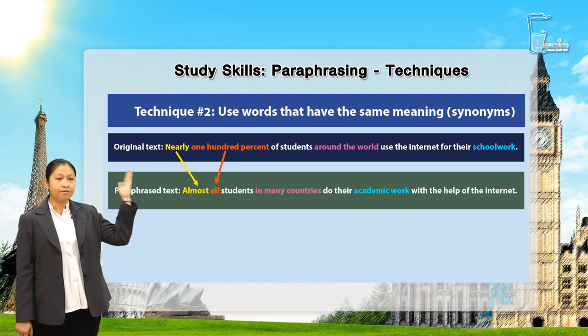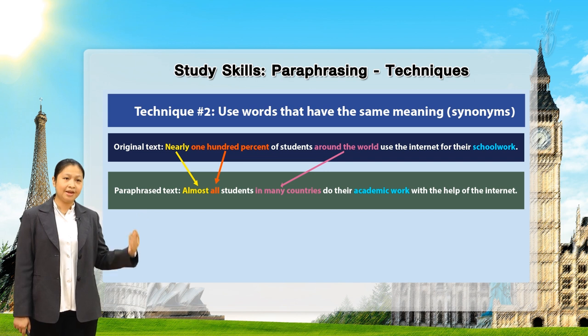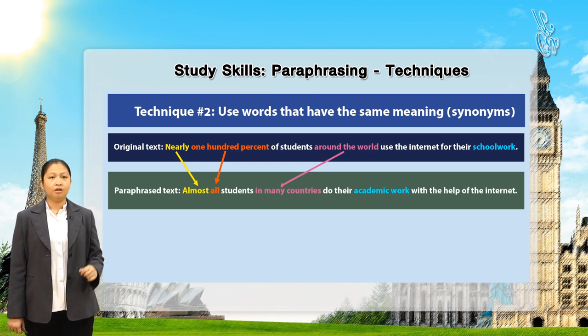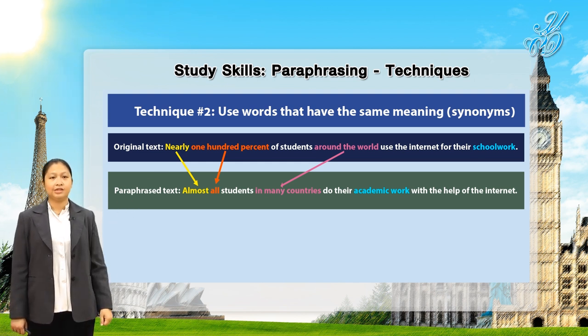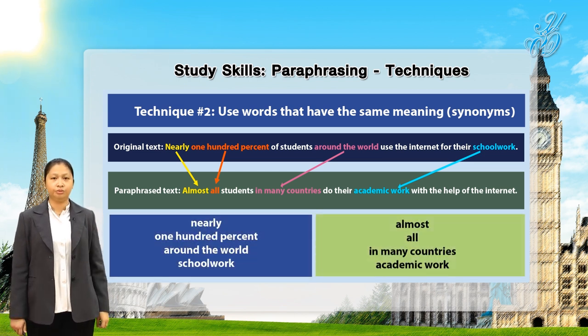The phrase around the world in the original text is replaced by in many countries. They both have the same meaning, but different words were used. Another word in the original text is schoolwork. The synonym for it used in the paraphrased text is academic work. That is technique number 2.